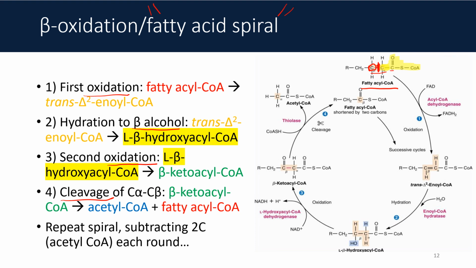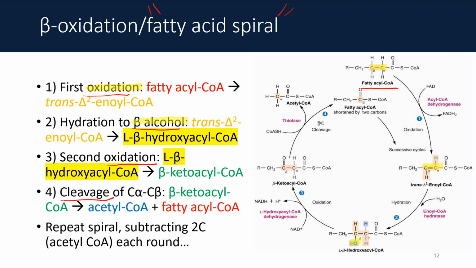And I understand that probably sounds a little bit nebulous at the moment, but it will hopefully make more sense as we dive in. I'm just going to clean up this molecule and then say again that the motions we're undertaking are going to consist of first an oxidation. We're going to oxidize this bond into a double bond. Then we will hydrate that double bond into a beta alcohol.